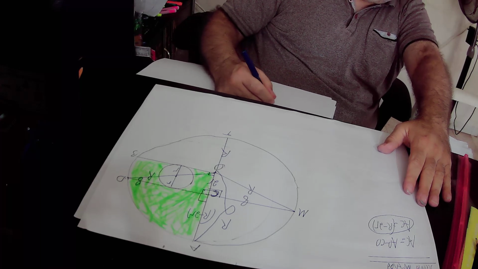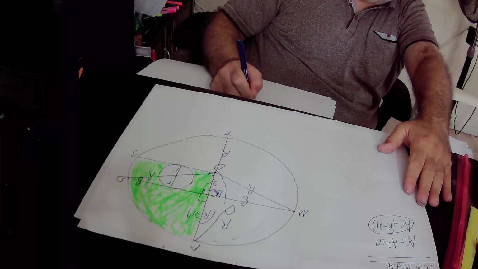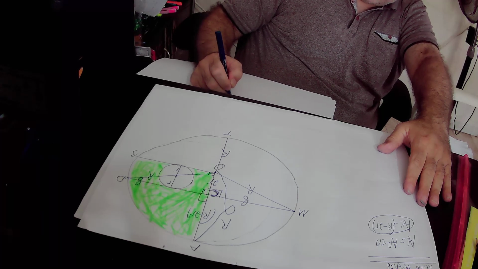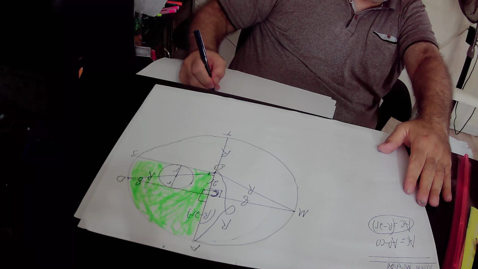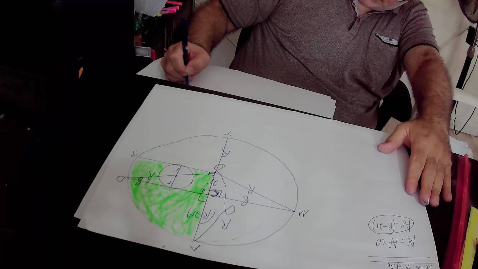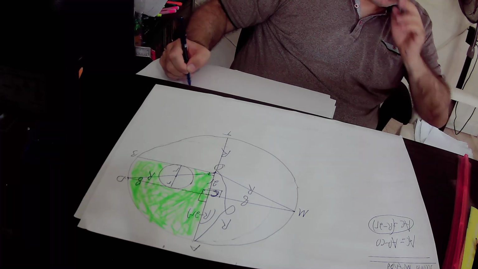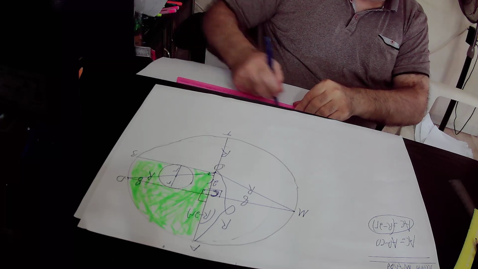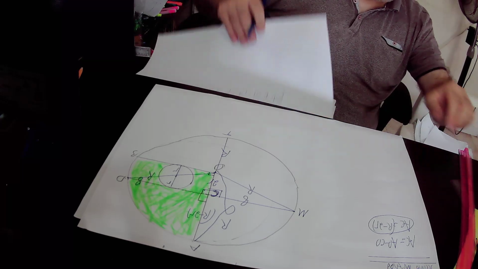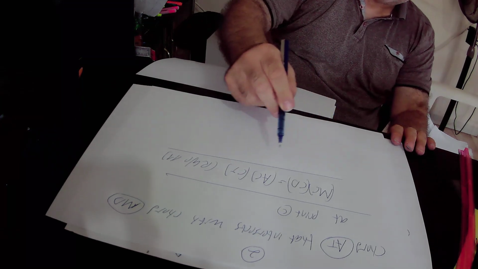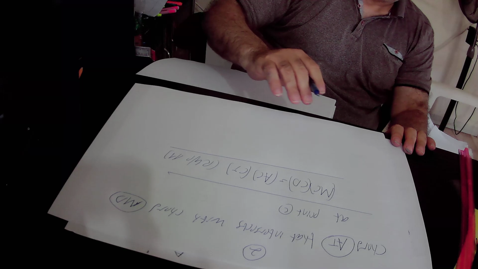MC times CD equals AC times CT. I repeat again, according to rule number 11, we get that MC times CD equals AC times CT.